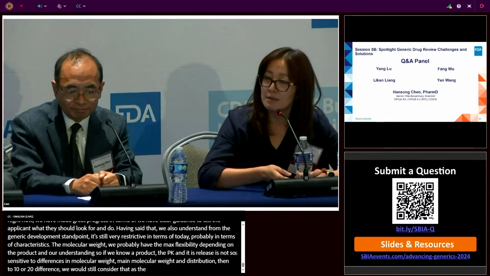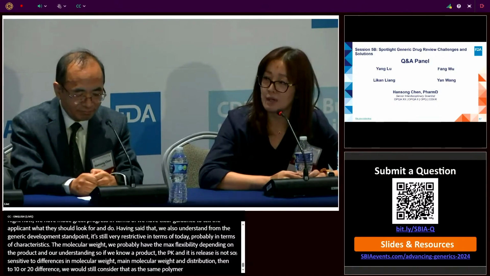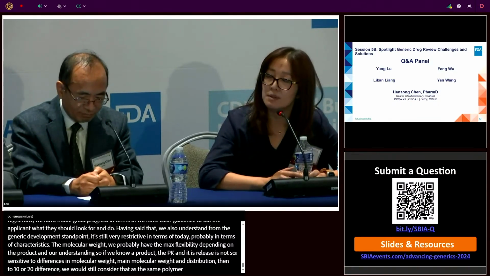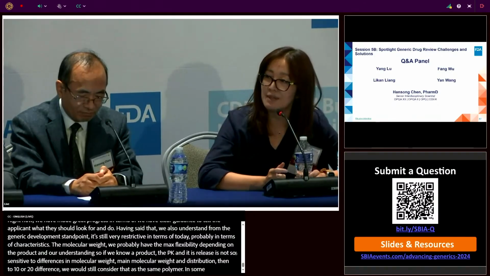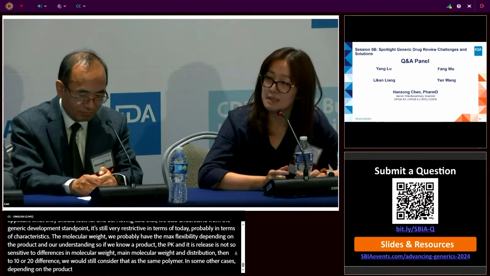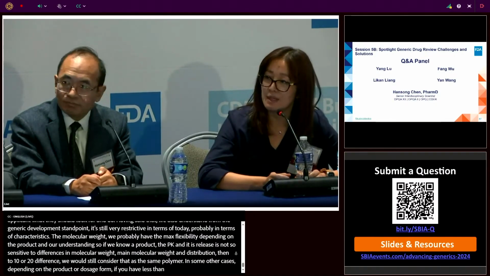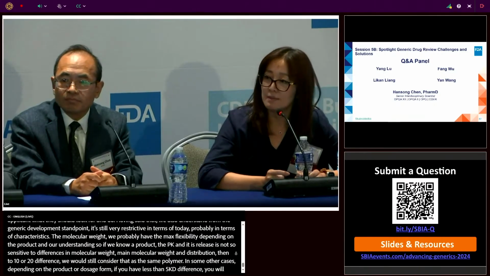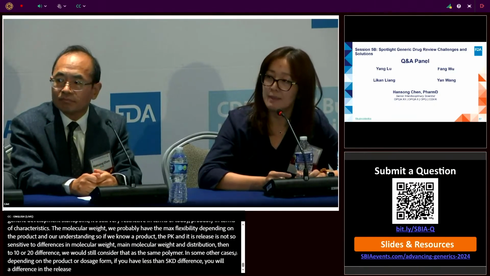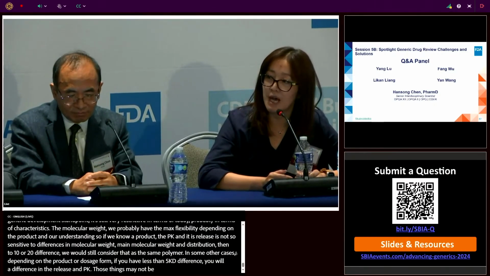But in some other cases, depending on the product or dosage form, we also know that if you have less than a 5 kD difference, you will see a difference in the release and the PK. Those things may not be obvious to an applicant, depending on how much experience they have.